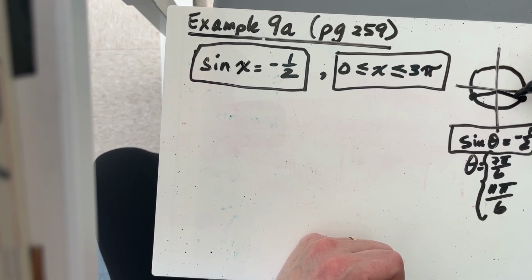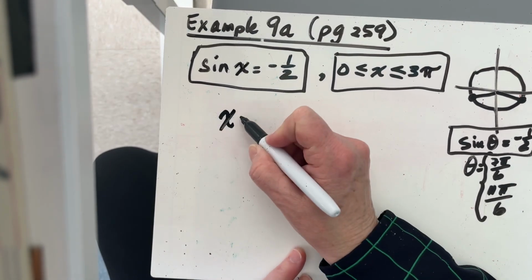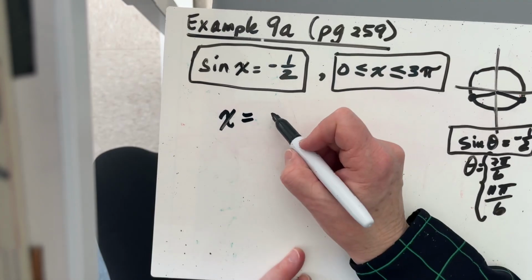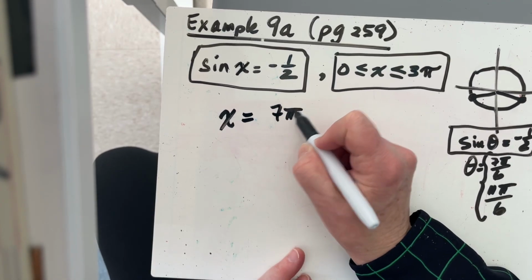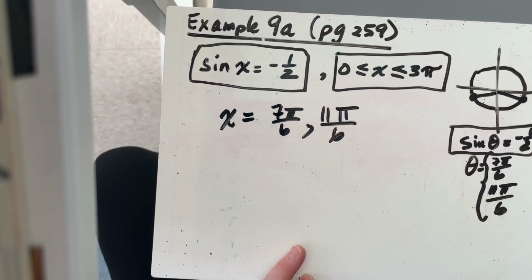This place over here would also be a spot, 11 pi over 6. And if we go as far as 3 pi, that would only be to here. So there's no more solutions than that. So for example 9a, we just have two solutions, which we can get directly from the unit circle, 7 pi over 6 and 11 pi over 6.